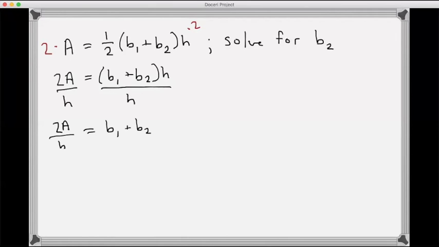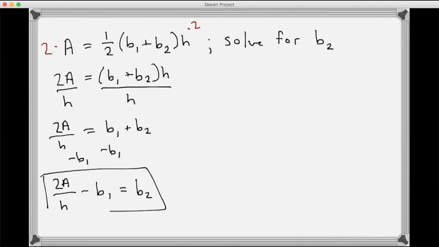Now to finish solving for b2, we just need to subtract b1 on both sides. And that will give us 2a over h minus b1 is equal to b2. So that's our final answer. That's all we've got for section 2.3.